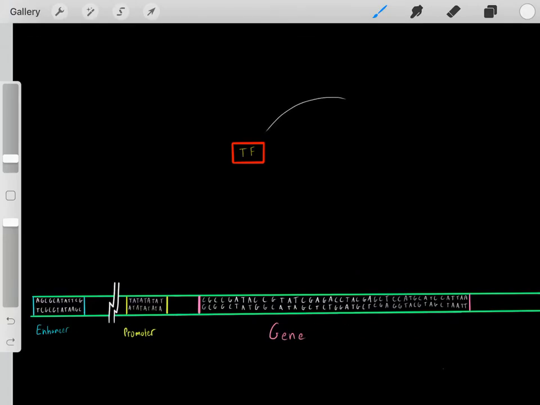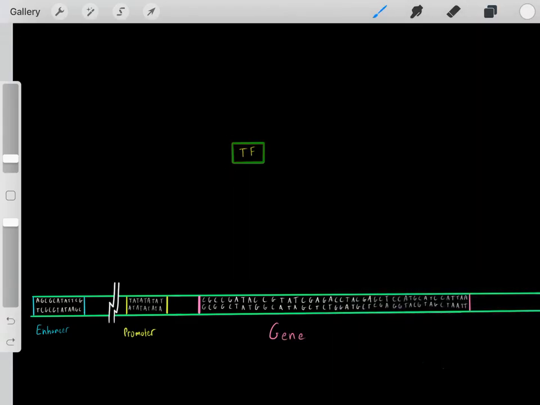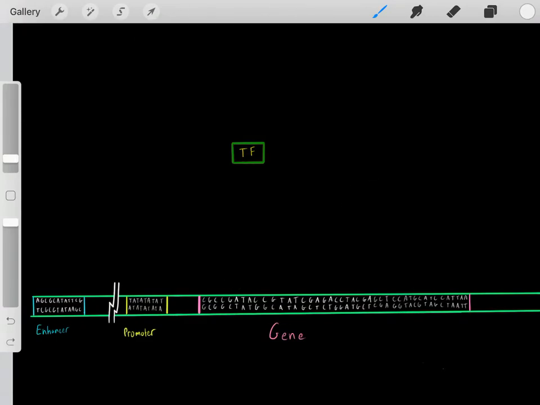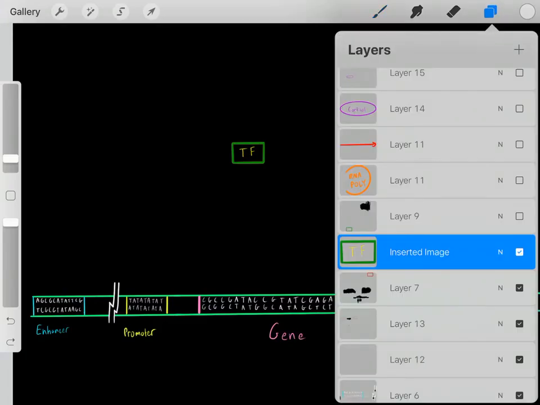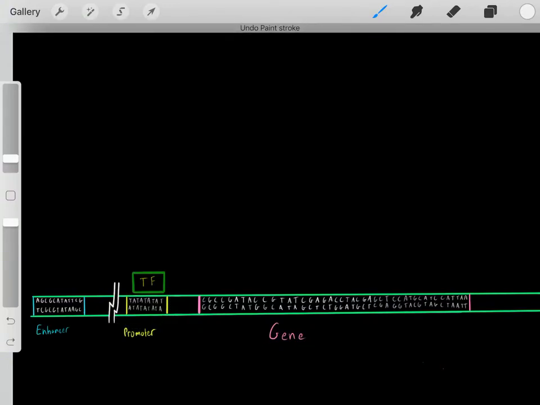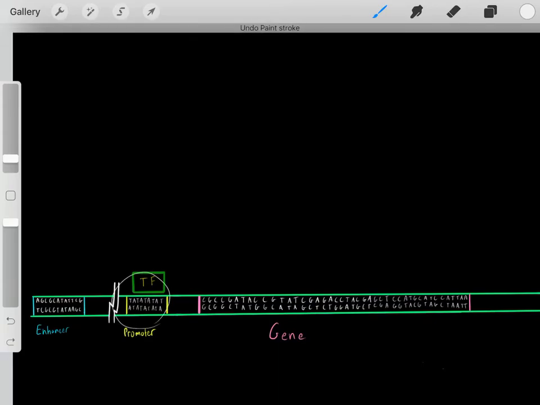However, what if we get some kind of signal that activates this transcription factor? Now the transcription factor is activated and can activate the transcription of this gene. The transcription factor will bind to the promoter. Normally these promoters have TATA boxes, which are essentially just TA nucleic acids, but the transcription factor is activated, so now it binds to the promoter.